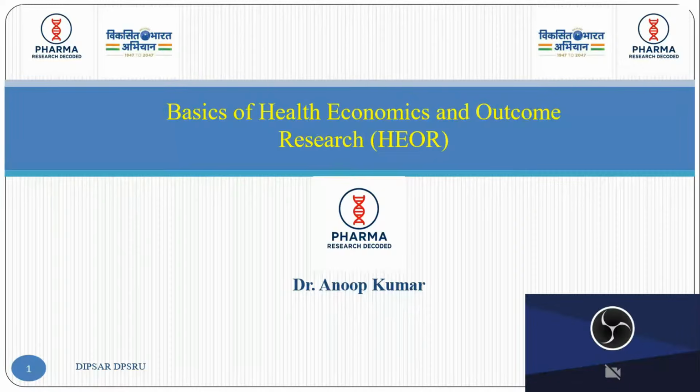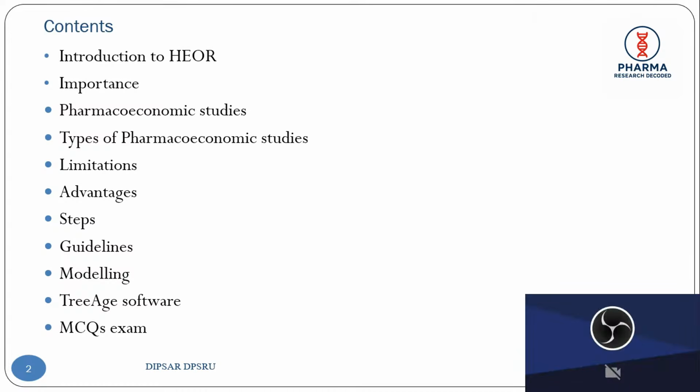Okay. So, very good afternoon, everyone. Today's workshop is on the basics of health economics and outcome research. What we are going to cover today is what is HEOR, an introduction to HEOR, and its importance.